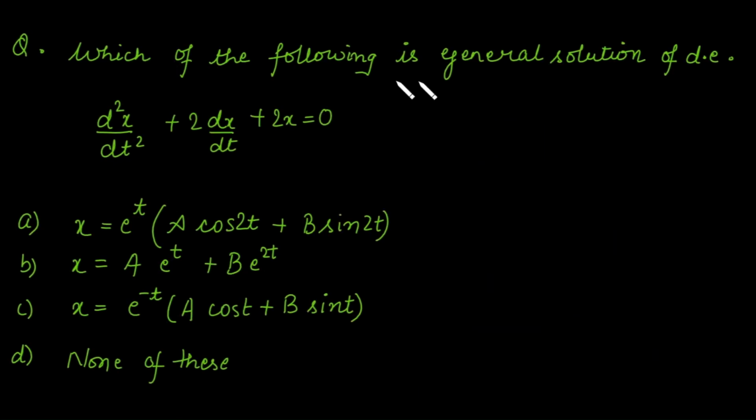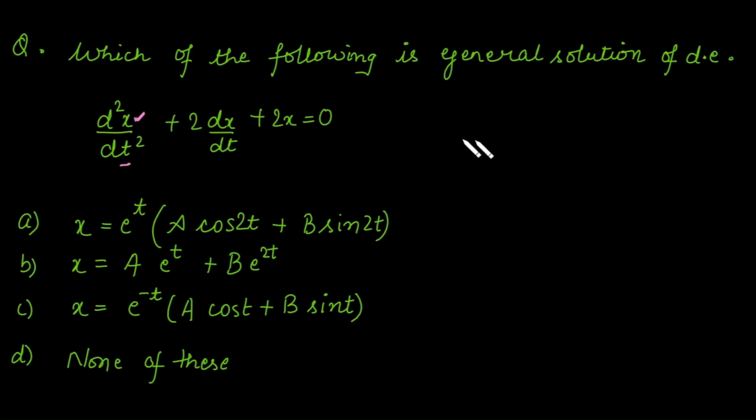Next question: which of the following is the general solution of a differential equation? This is the differential equation we have with independent variable t and dependent variable x. If you are comfortable with y and x, you can convert this differential equation into y and x form.